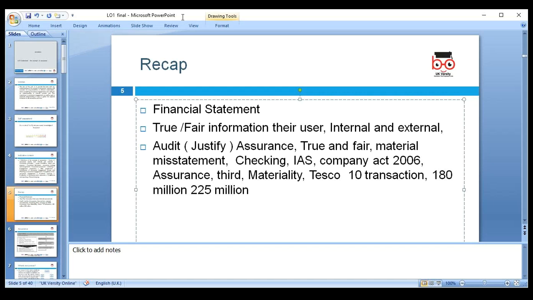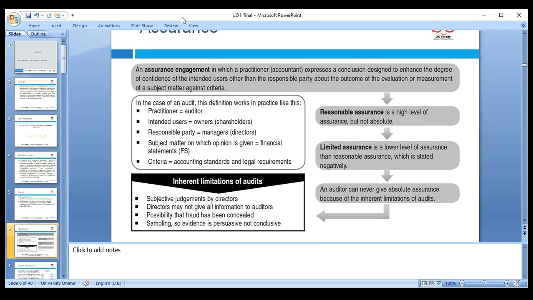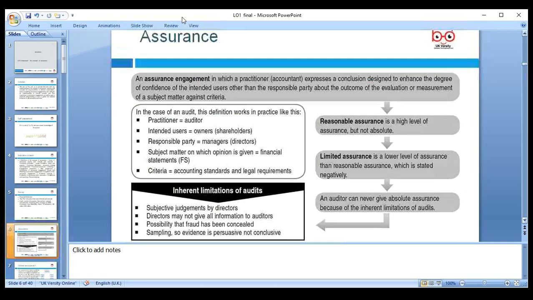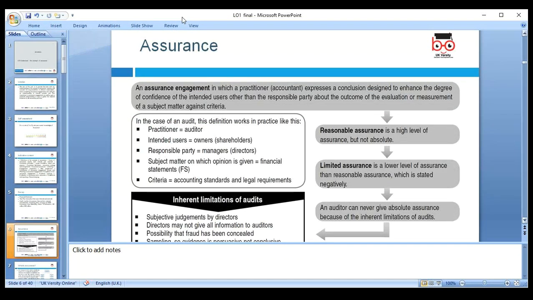That is material. It can influence decision making. So that's what we think about as material. But if we're not caring about 10, 10, 10, it can become material. Of course, yes.